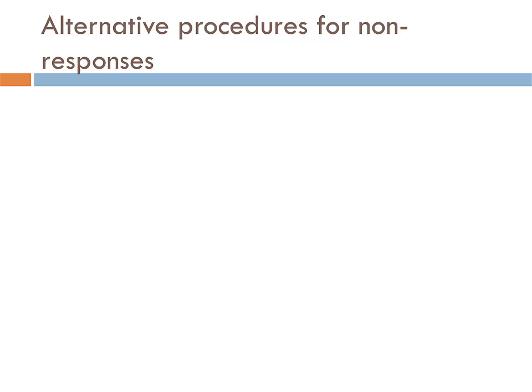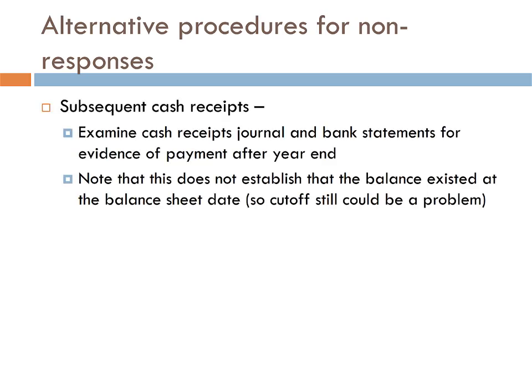All right. So for the ones that don't get sent back to us, what are these alternative procedures? The most obvious one is subsequent cash receipts, right? If we show at 12/31 customer A owed my client $1,000, but they don't send back the confirmation, we'll look beyond 12/31 eventually, right? If they truly owed the balance, they will pay for it.